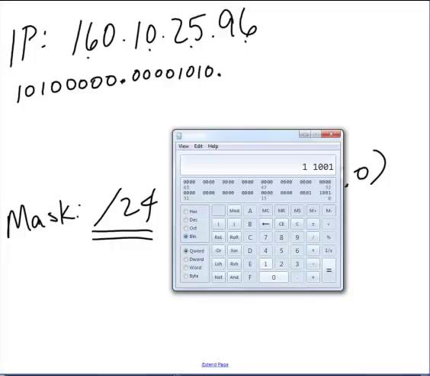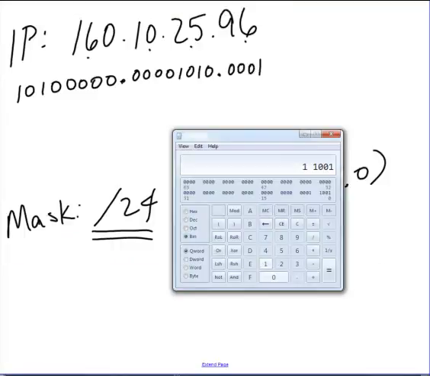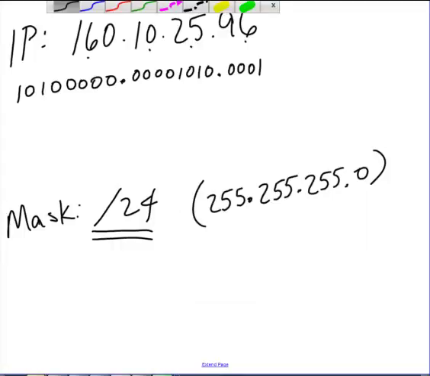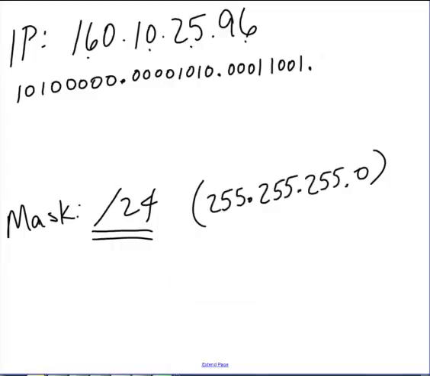That is going to be 0001 followed by 1001. We have to pad it out to a full 8 bits. For 96 it is 0110 followed by 4 zeros.